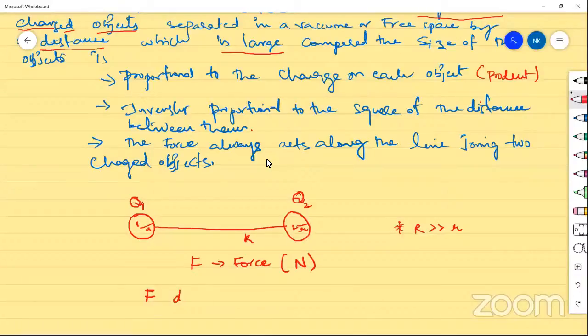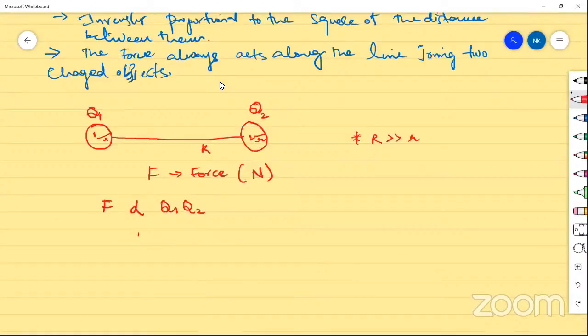The force is directly proportional to the product of the charges, and it is inversely proportional to the square of the distance between them. What does it imply? F is proportional to Q1 Q2 by R square.